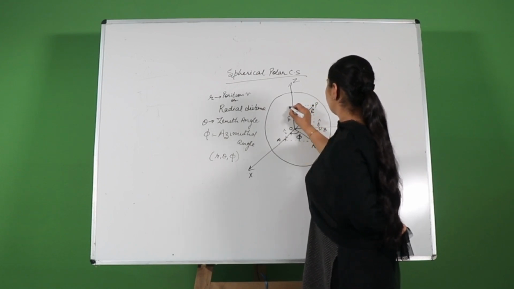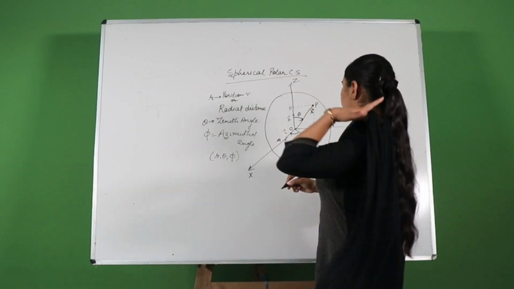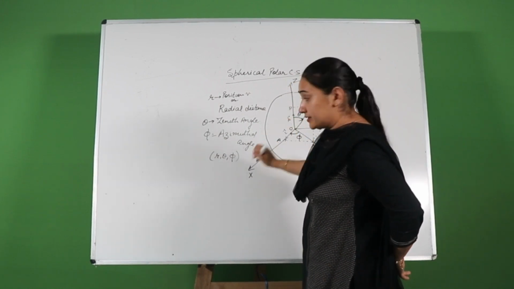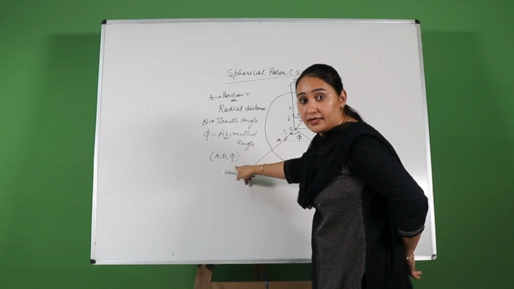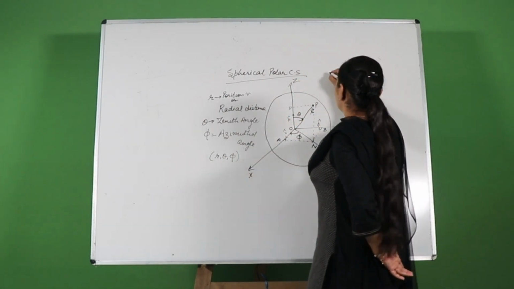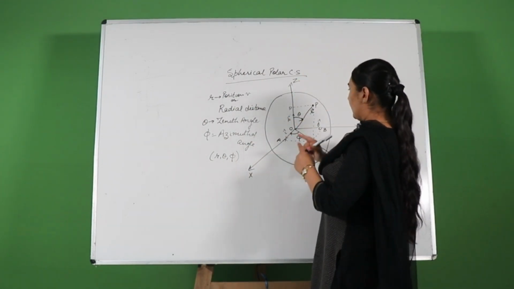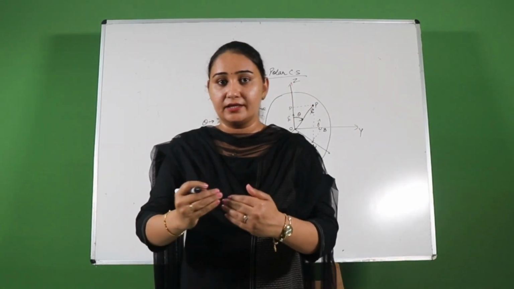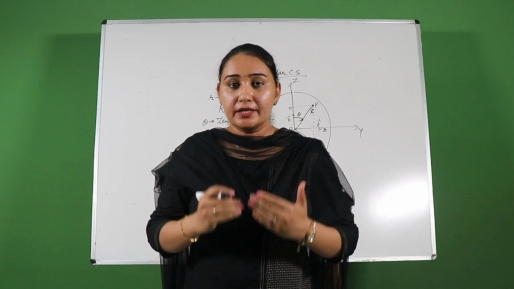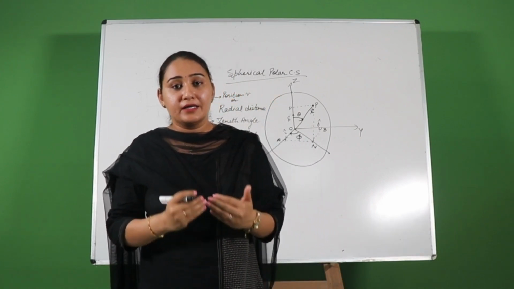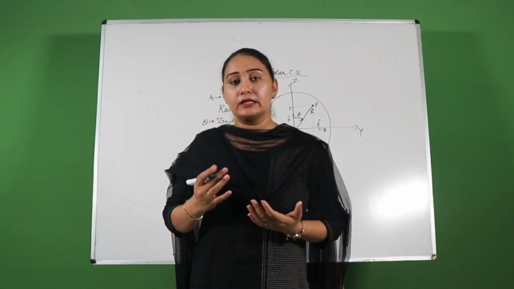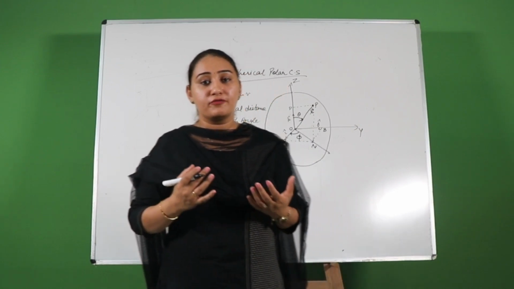Now the unit vectors along these spherical polar coordinates: r cap. Where is r cap going? r cap will go in the increasing direction of r, theta cap will go in the increasing direction of theta, and phi cap will go in the increasing direction of phi.